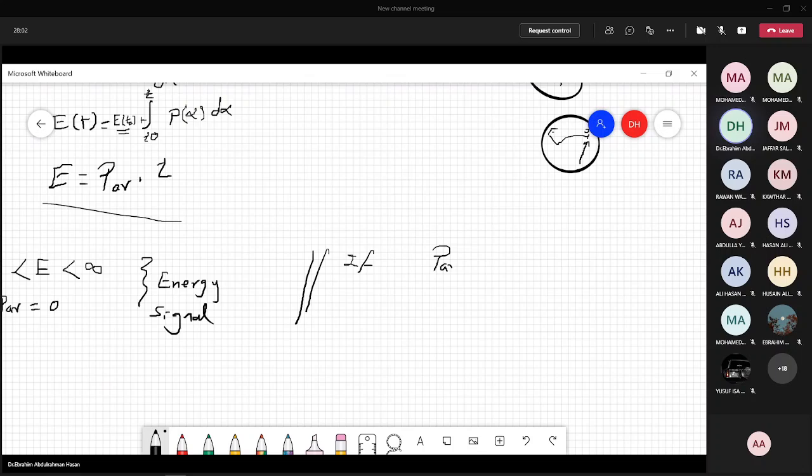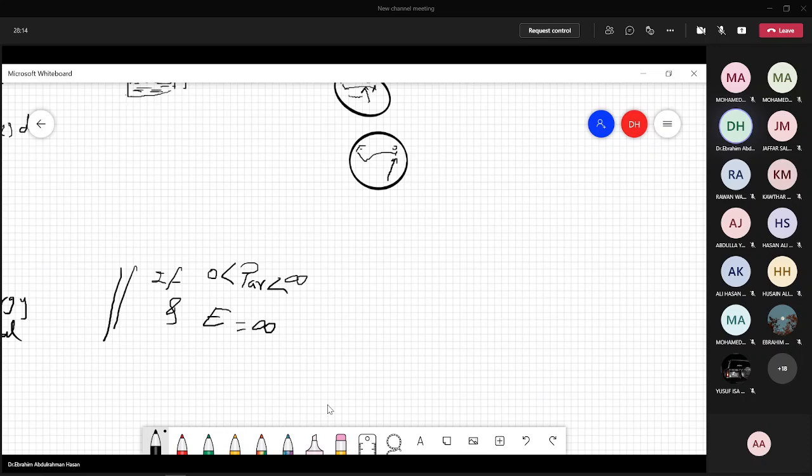If P average is finite and energy equals infinity, now this signal we call a power signal.